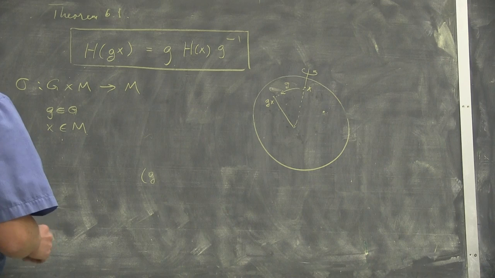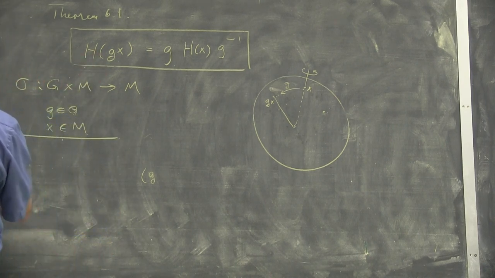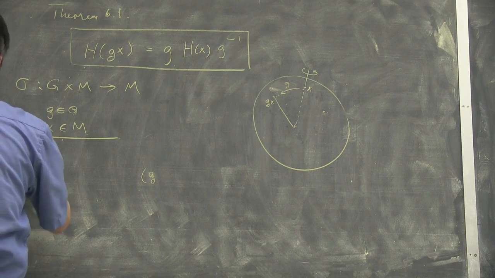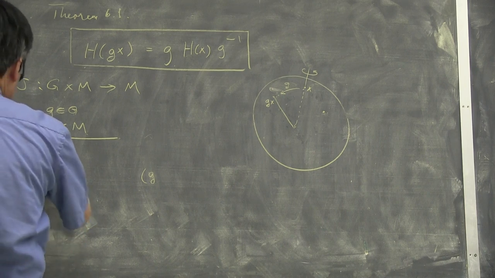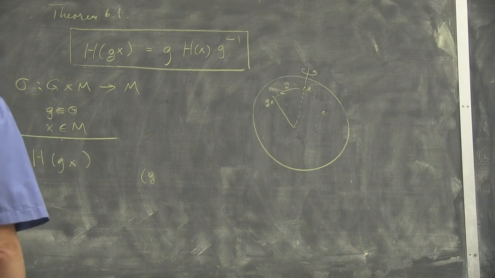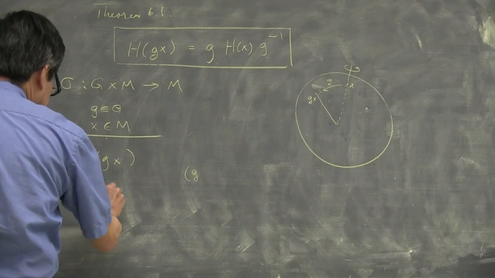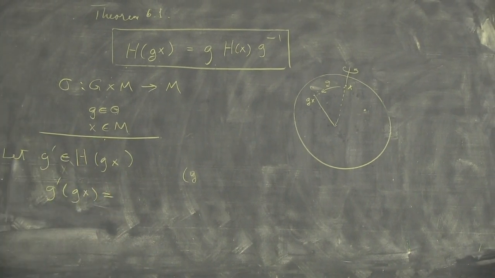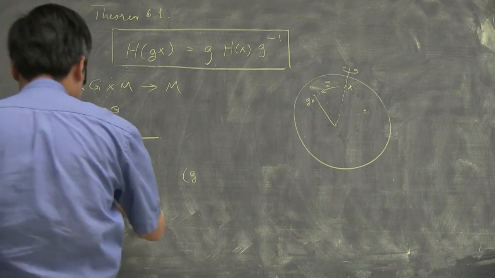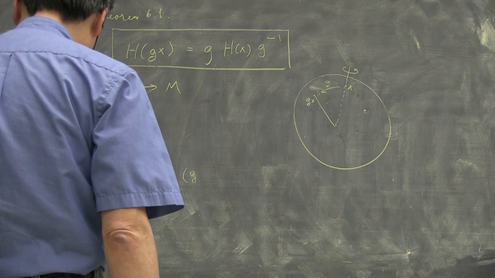So we start from this side first. So let g prime be in Hgx. If g prime is in Hgx, by definition, g prime acting on gx must be equal to what? gx, right? It doesn't change this thing on which it's acting.